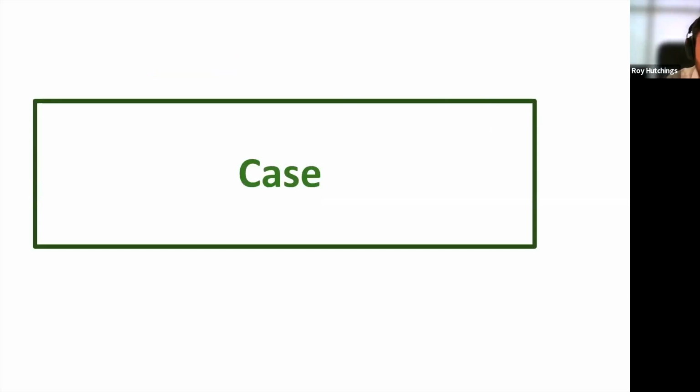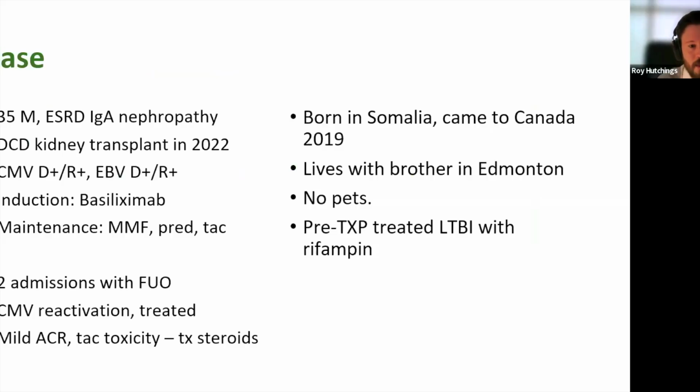I wanted to start the topic with a case. In this case, a 35-year-old male had IgA nephropathy that eventually led to end-stage kidney disease and dialysis. In 2022, he received a kidney transplant from a deceased donor.